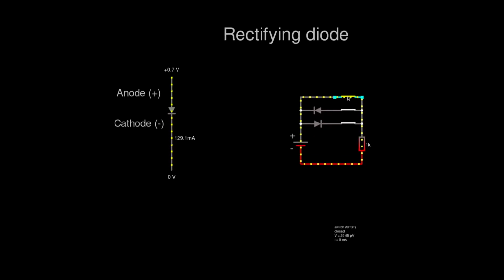If I open the first one, the current will find the second best path, which is through a diode, which uses about, if we look down here, 0.5 to 0.6 volts. That's close enough to the 0.7 that I mentioned before.